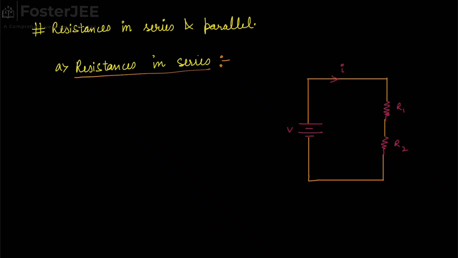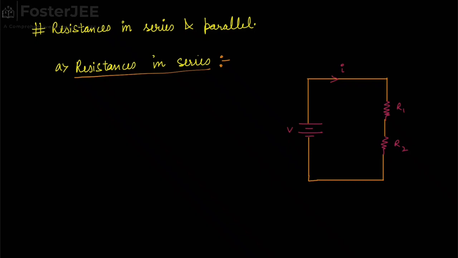Now, a very basic method of seeing whether resistances are in series or parallel is to see the current. If current is the same in both the resistances, then the resistors can be said to be connected in series.